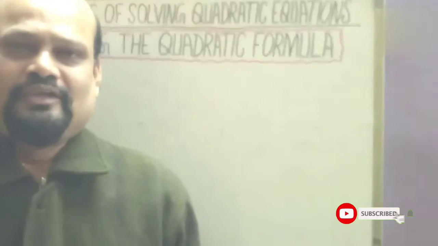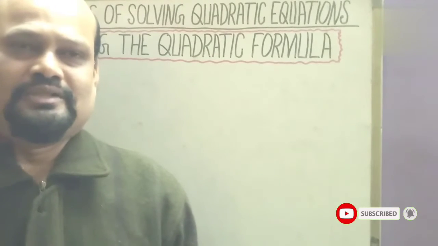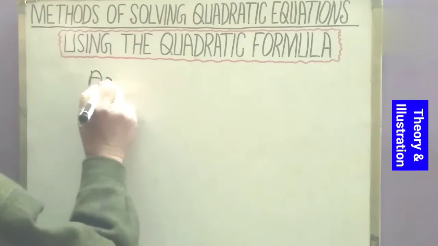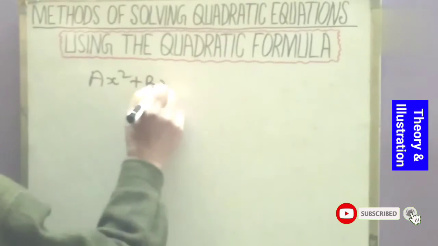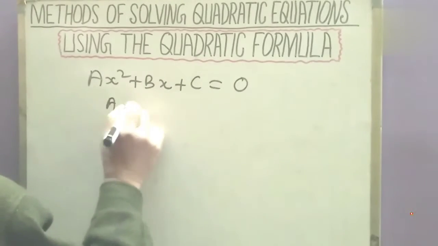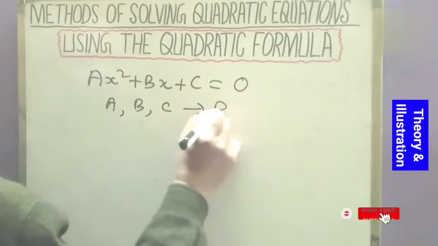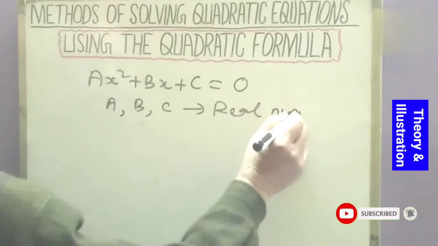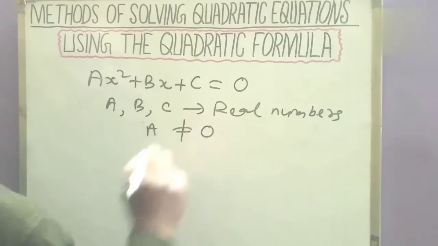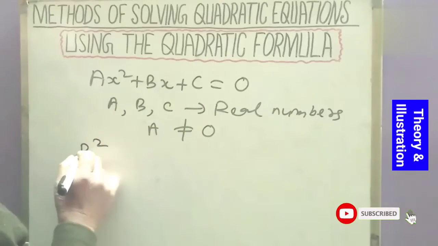Now, let's discuss solving quadratic equations using the quadratic formula. A quadratic equation in standard form is given by ax² + bx + c = 0, where a, b, c are real numbers and a is not equal to 0.